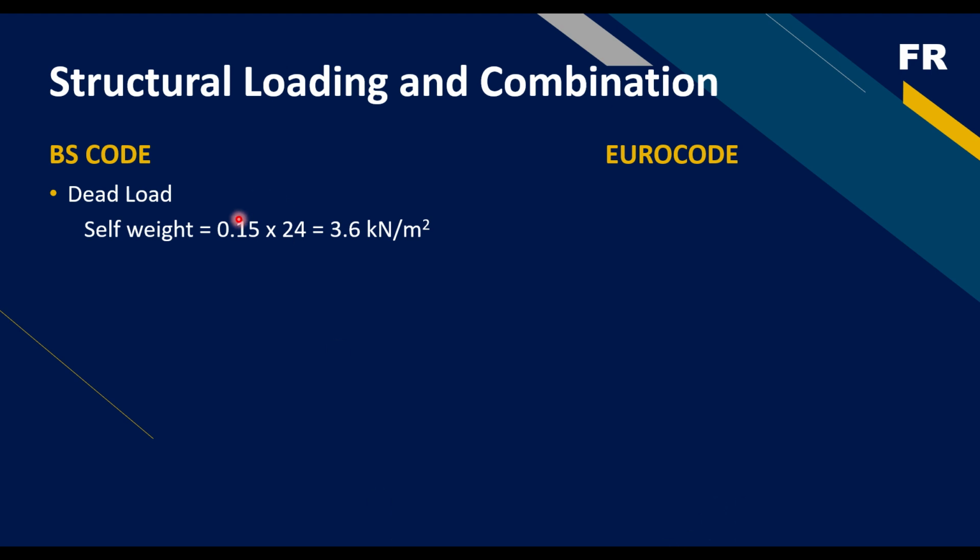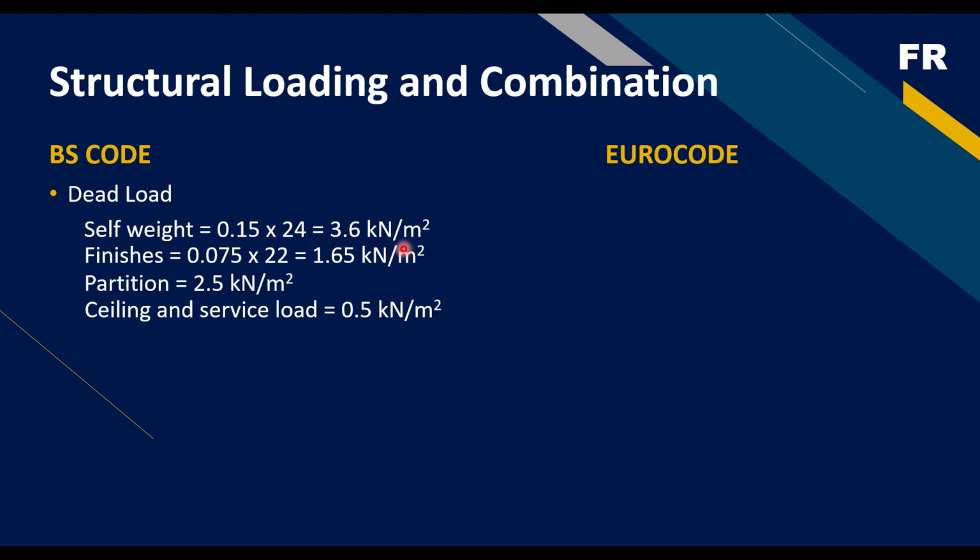Based on the previous slide, the slab thickness is 150, the density of concrete is 24, because this is a reinforced concrete design. So we can calculate the self weight of the slab to be 3.6 kilonewton per meter squared. Then other dead loads include finishes, partitions, and service load.